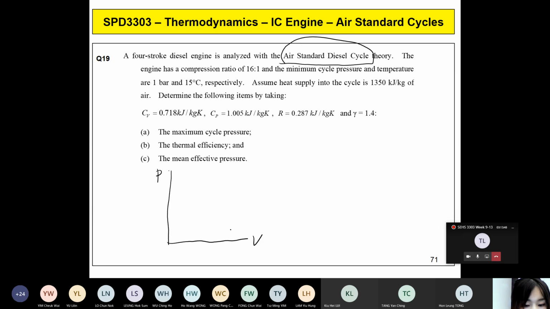That is 1 to 2, isentropic compression, then constant pressure heat supply, then isentropic expansion. The last process, constant volume. Points 1, 2, 3, 4.